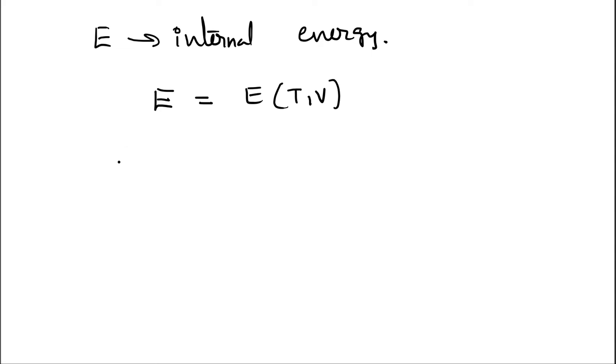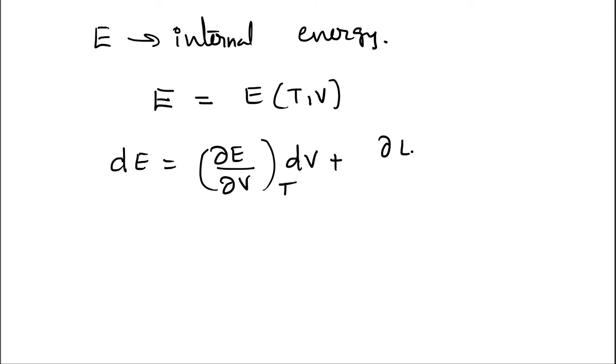Therefore if I take the differential on both sides, I get dE equal to dou E over dou V at constant temperature times dV plus dou E over dou T at constant volume times dT.